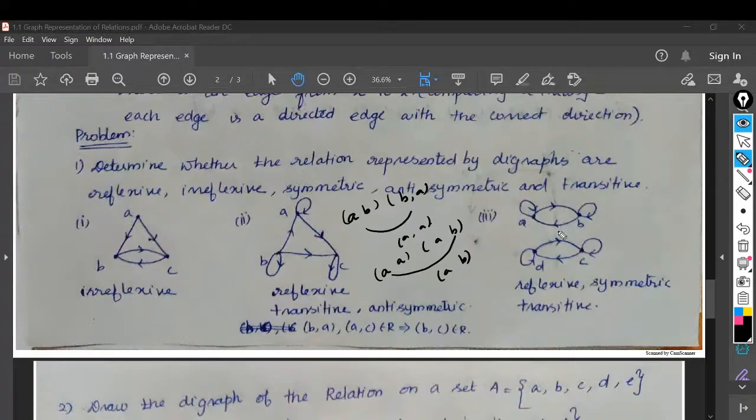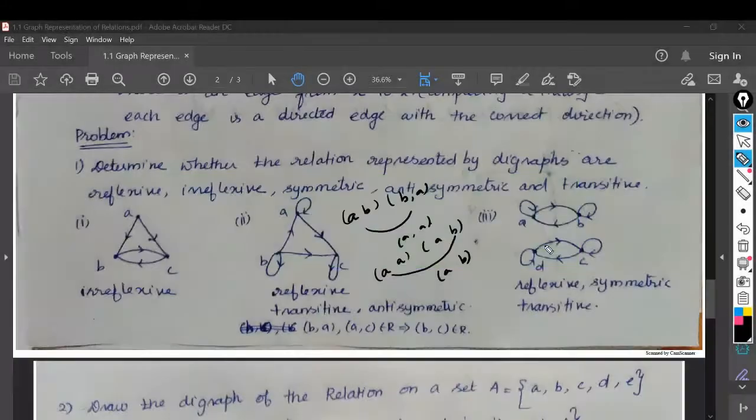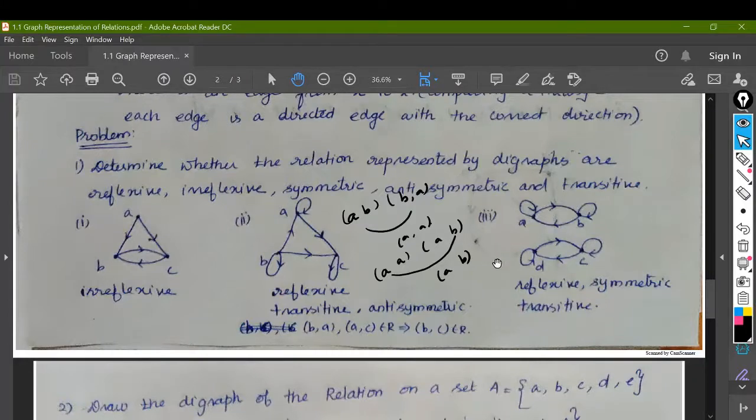This way all the things are satisfied. So this case becomes transitive.